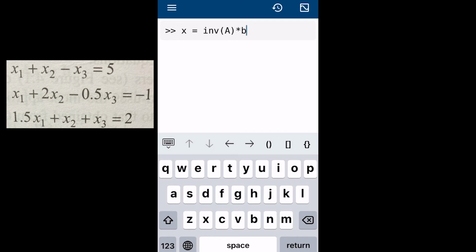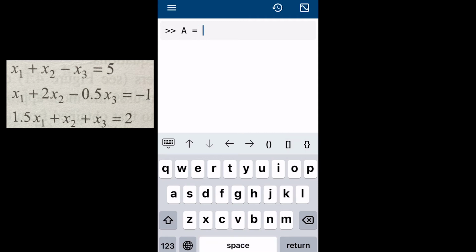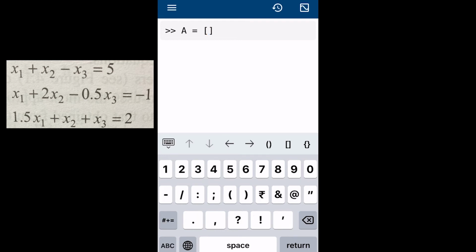Okay, so let's start with an example. Let's try to solve this set of equations. From this, let's define the matrix A first. The first equation is x1 plus x2 minus x3 equal to 5. So what is the coefficient of x1? 1.